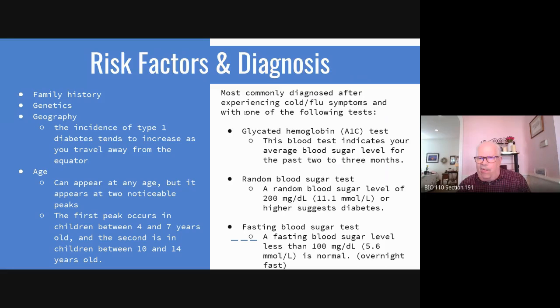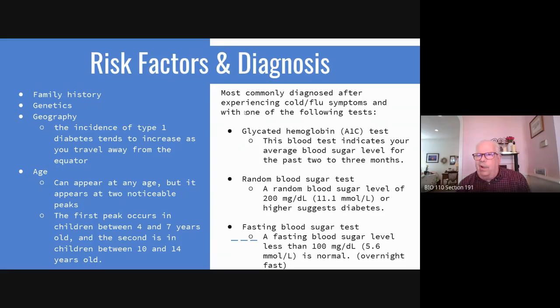And the test for it is a blood sugar. If your random blood sugar is over 200, it suggests diabetes. If you have a fasting blood sugar of over 100, it suggests diabetes in a 6-hour fast or 8-hour fast. Or we can do an A1C glycated hemoglobin test.